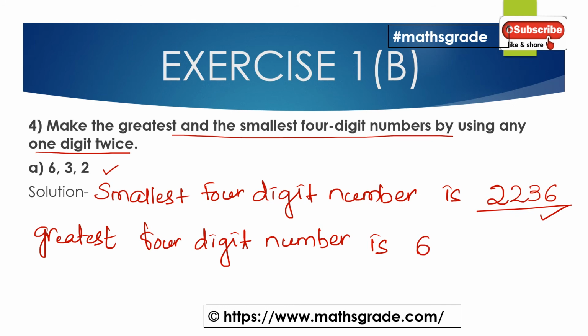We have to use one digit two times. So if we use the digit 6 two times, then it will be 6, 6, then 3, then 2. Then this will be 6632. The smallest 4-digit number is 2236 and the greatest 4-digit number is 6632.